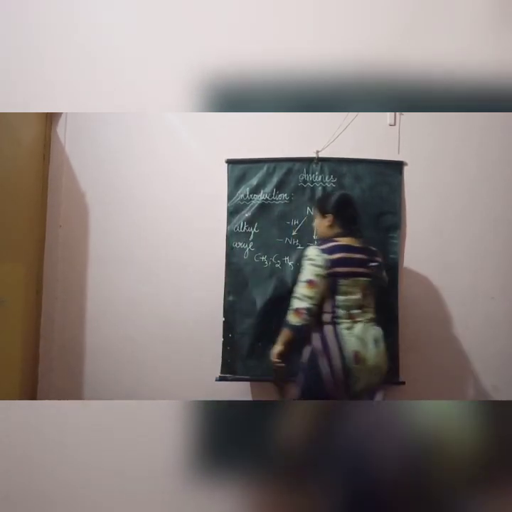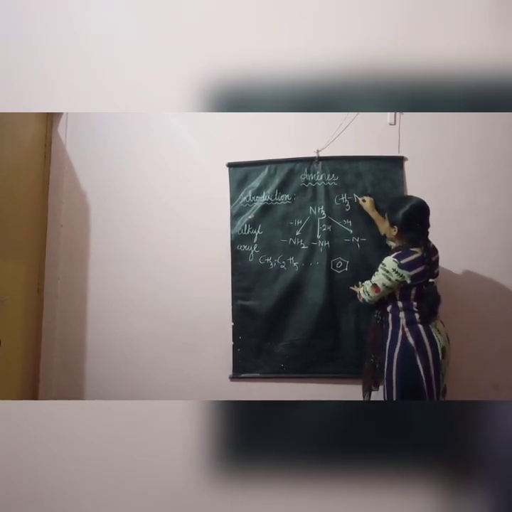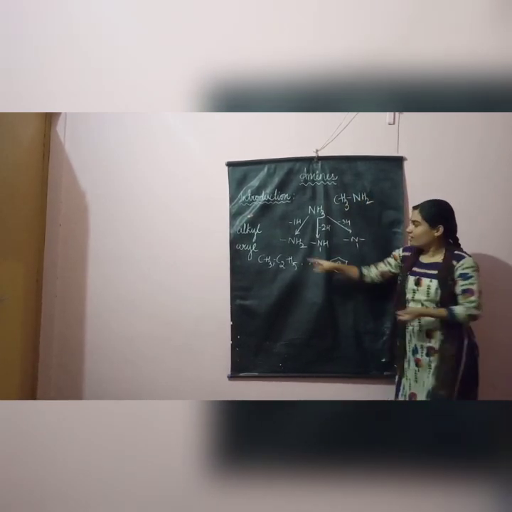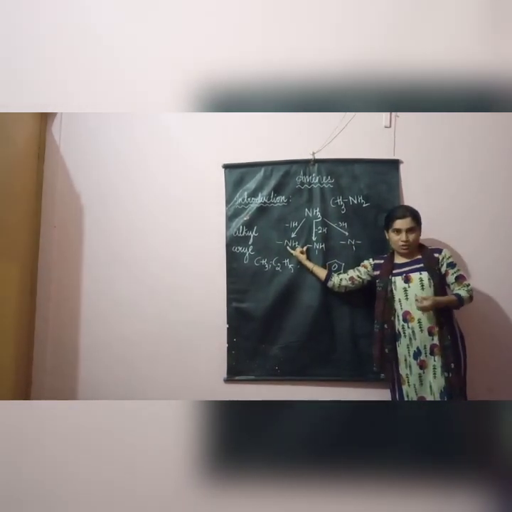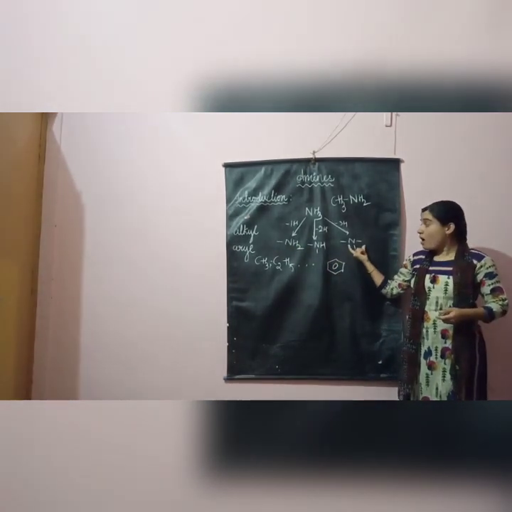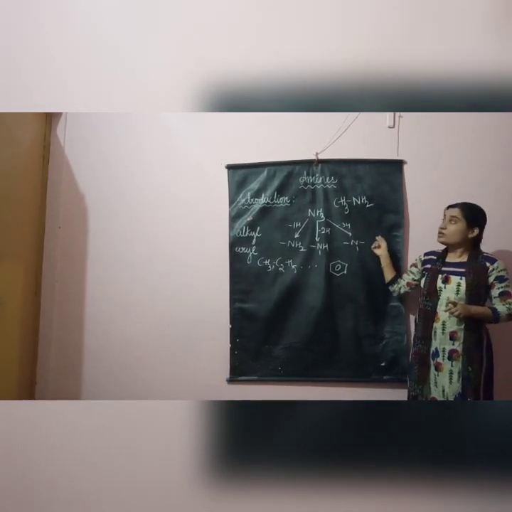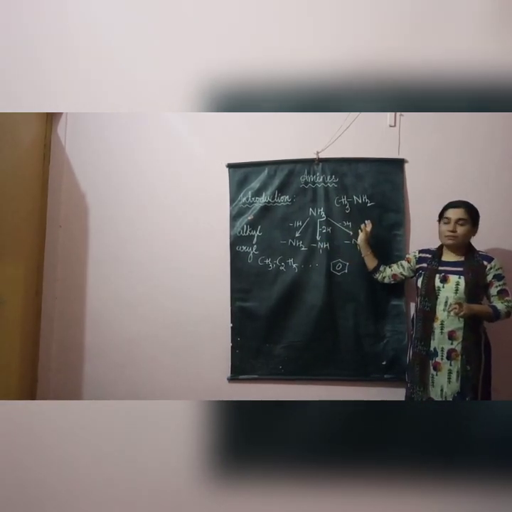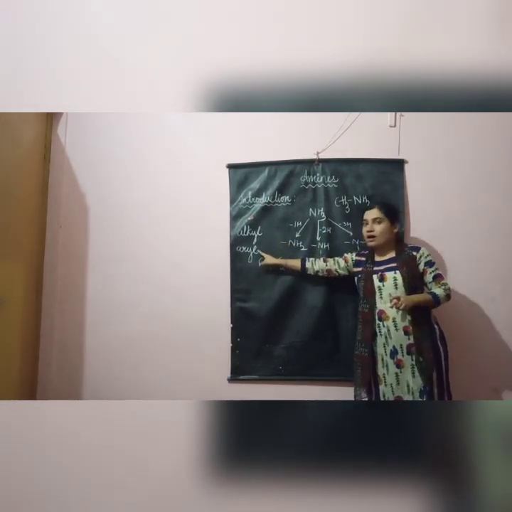So what happens if I write CH3NH2? We have learned here that the functional group for amine can be NH2. It can be NH, or it can be only N, where 3 spaces are empty. So now I am going to replace these hydrogens by an alkyl or aryl group.